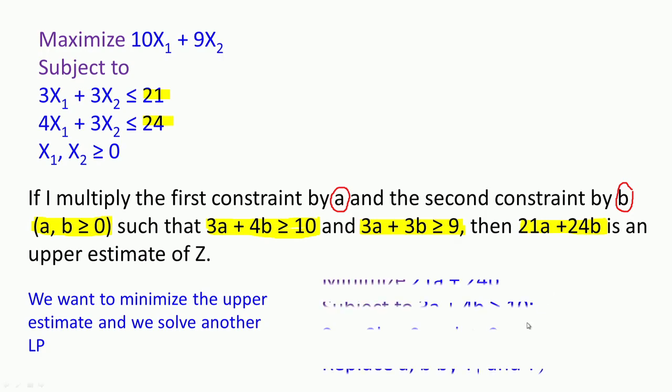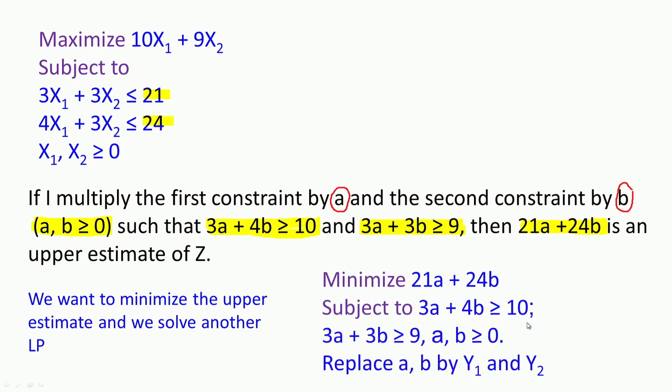So now A and B have to be found such that we minimize 21A plus 24B subject to 3A plus 4B greater than or equal to 10 and 3A plus 3B greater than or equal to 9, A and B greater than or equal to 0.